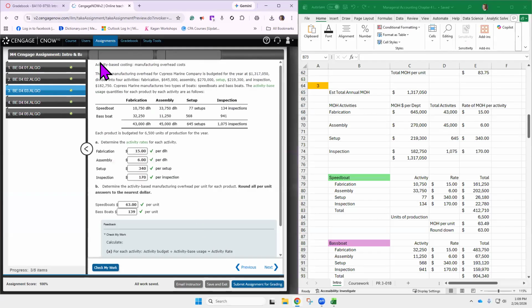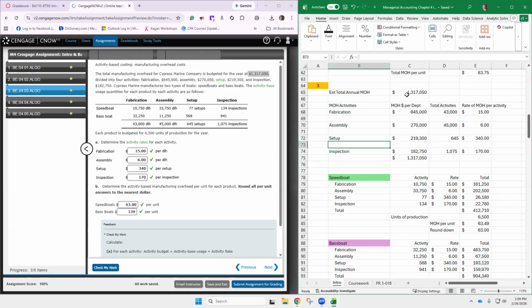Okay, so this is activity-based costing. This is the Cypress Marine Company, and we have a yearly overhead amount of $1,317,050.